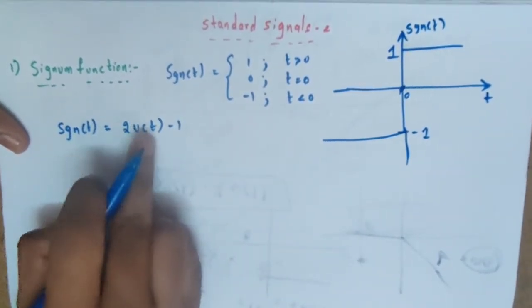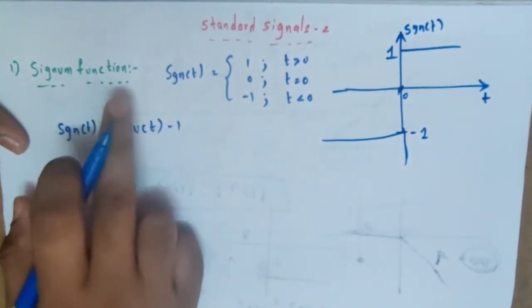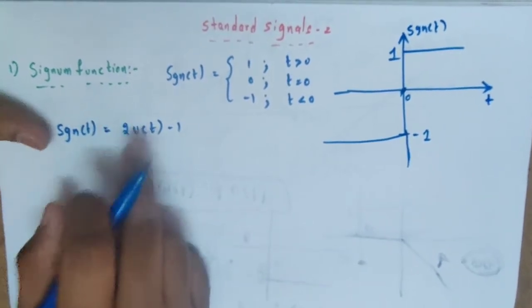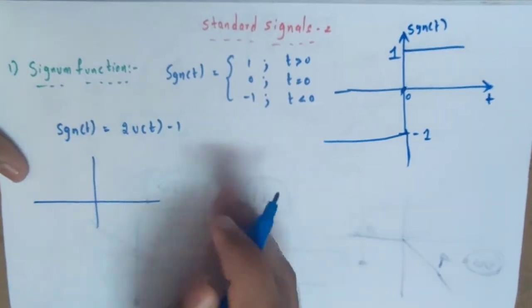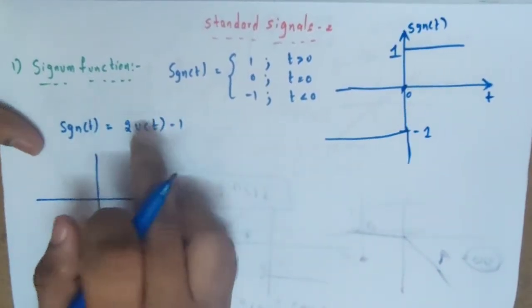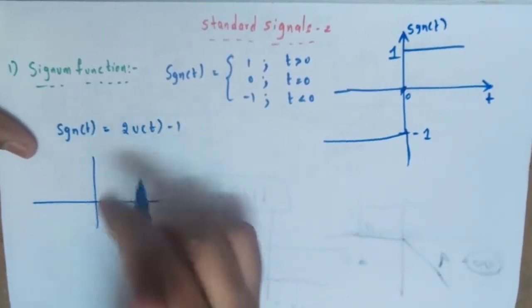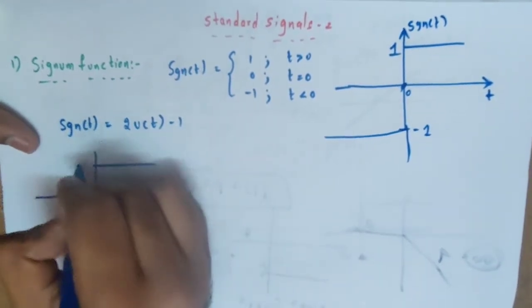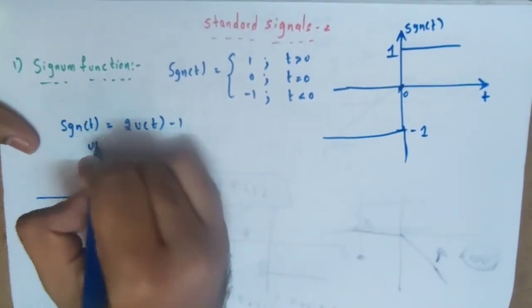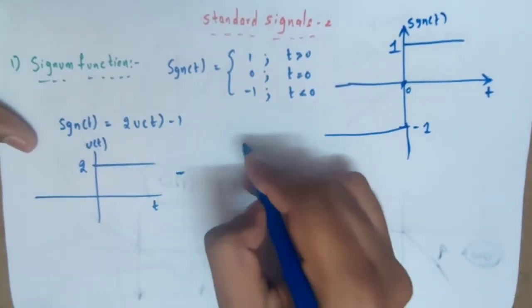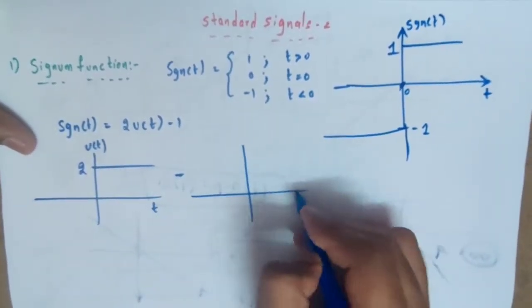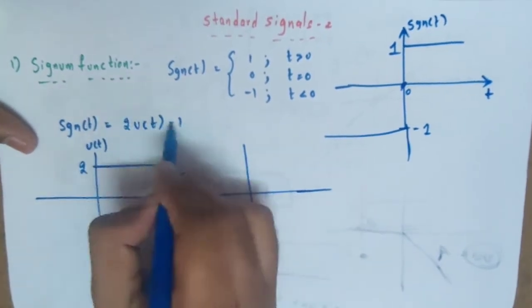If you had watched the previous video, you should be able to draw the graph. I am drawing it without explaining, because each one of you has a clear idea about u of t. This is 2 times u of t, and we have to subtract this from 1.